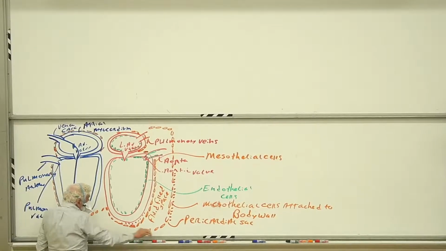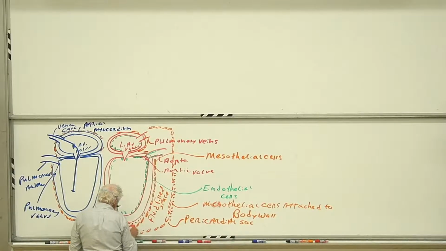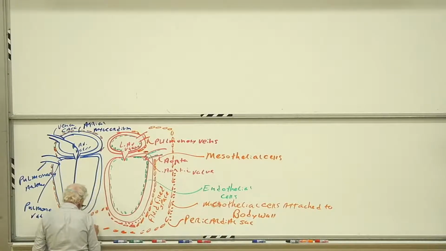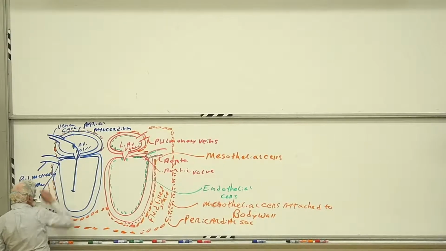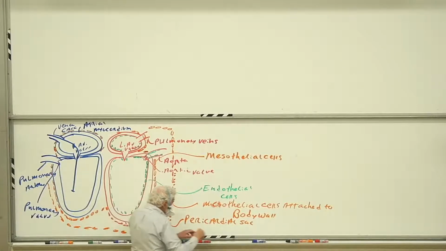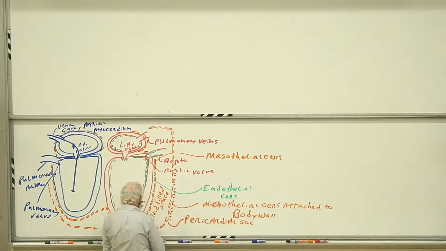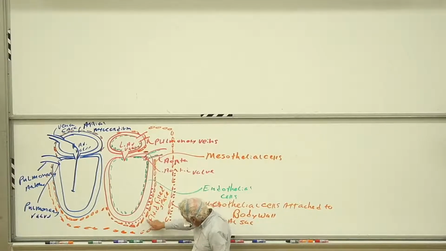So this mesothelial sac extends all the way around the heart. I won't do all of it, but note that this layout is the same as we've talked about for epithelial cells. So that there's an apical surface facing the lumen of the pericardial sac and a basilar surface attached to the wall of the heart.